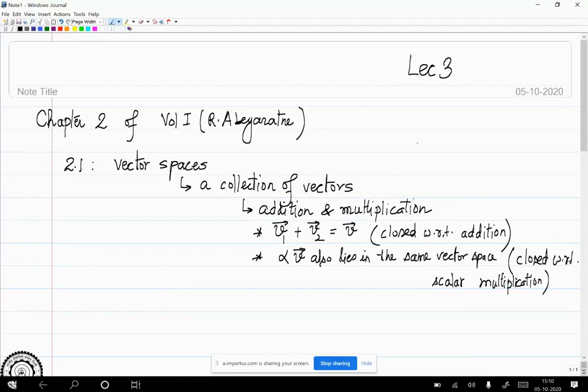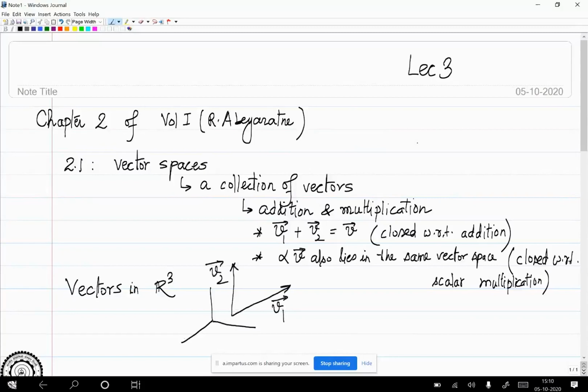Okay, so a very simple example is vectors in R3. Think of a coordinate system and you have one vector v1, another vector v2.